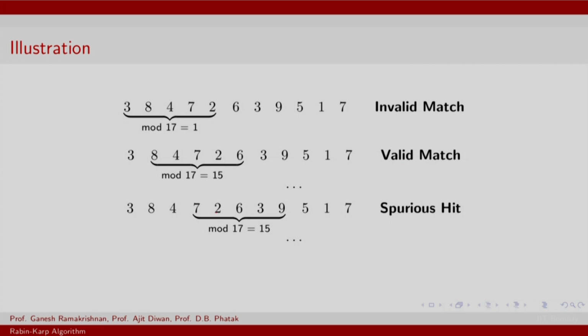Next, 72639, well, you get the same mod 17 value here. So we find that P mod q indeed equals Ts plus 3 mod q, but P is not equal to Ts plus 3.